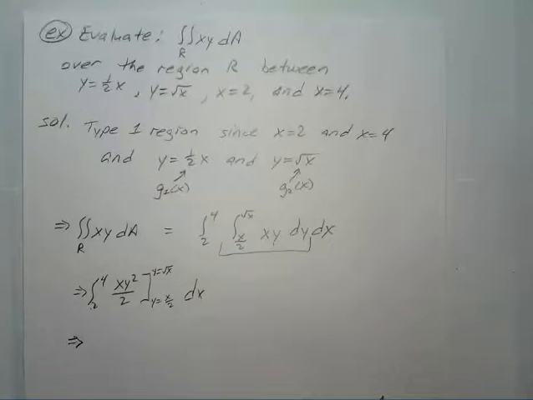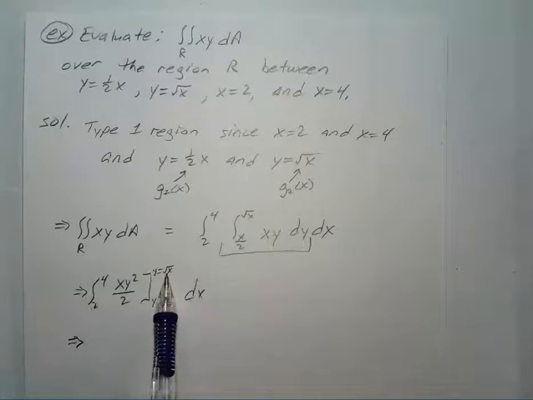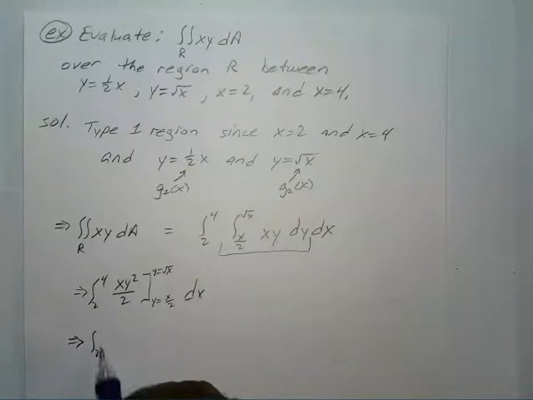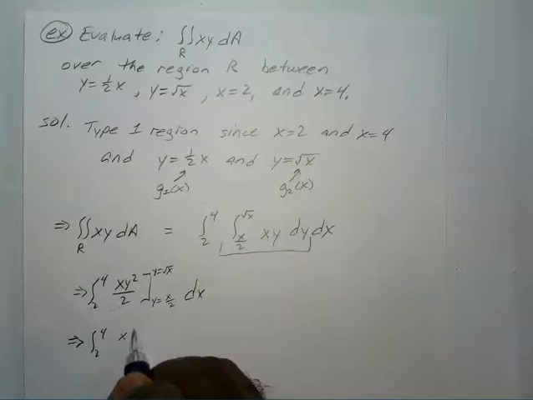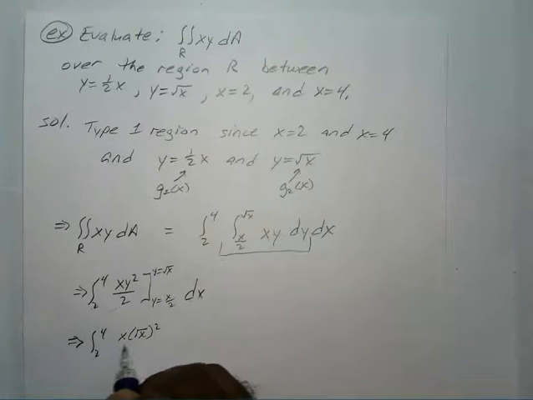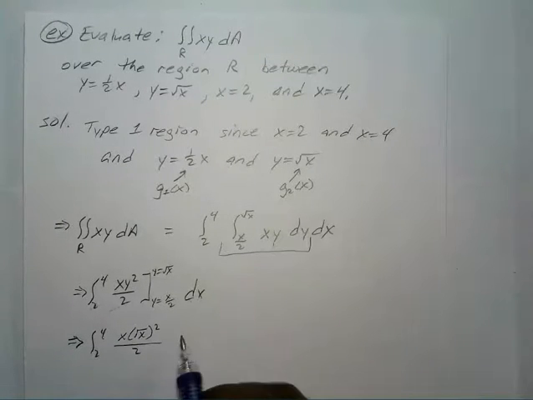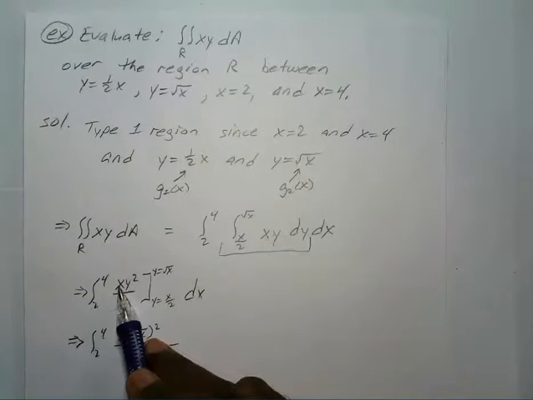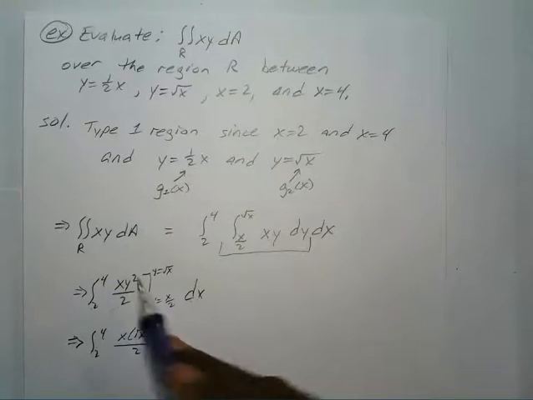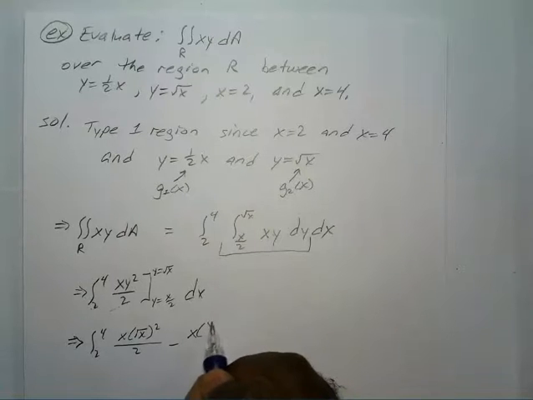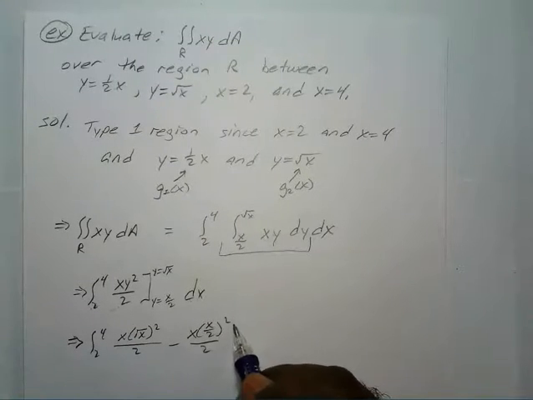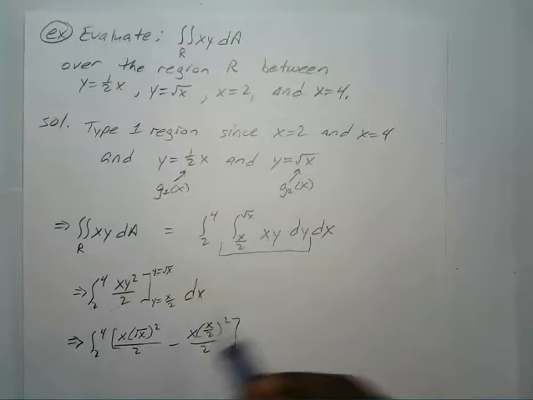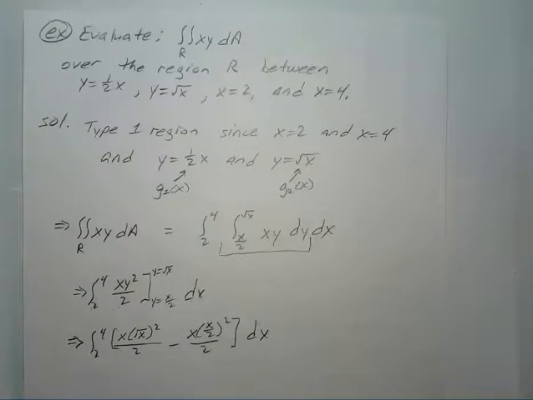Okay, so that becomes, remember, replacing y with square root of x first. So we have the integral from 2 to 4 of x times square root of x squared over 2 minus x times x over 2 squared over 2. Okay. And again, that's with respect to x.